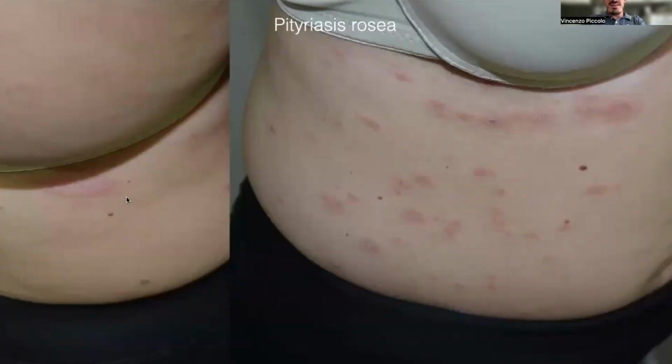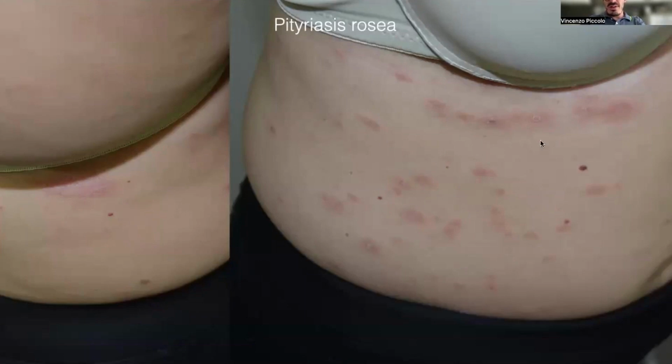Then we have pityriasis rosea. Pityriasis rosea is the consequence of the reactivation of human herpes virus 6 or 7. It usually appears after a few systemic symptoms such as sore throat or fever or some arthralgia, with this areolar patch, the mother patch, then followed by small patches and papules, usually affecting the trunk and sparing the lower limbs.